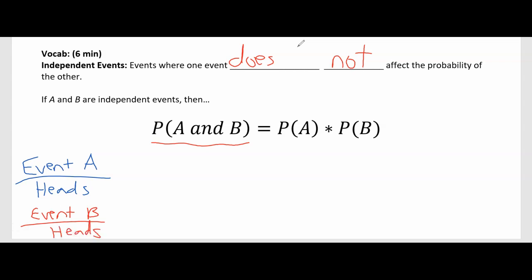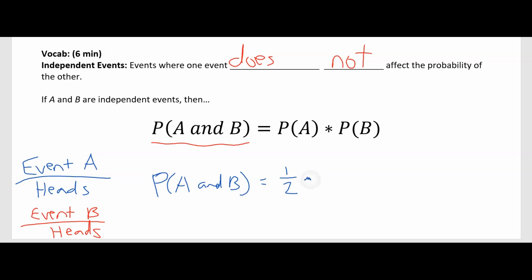So the probability of A and B occurring is going to be equal to, well, the probability of getting heads on a coin flip is 0.5 or 1 over 2. There's one side that's heads, there's 2 sides total, so 1/2.